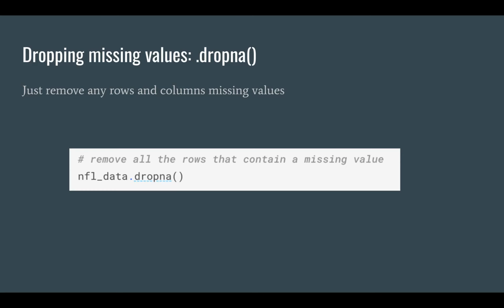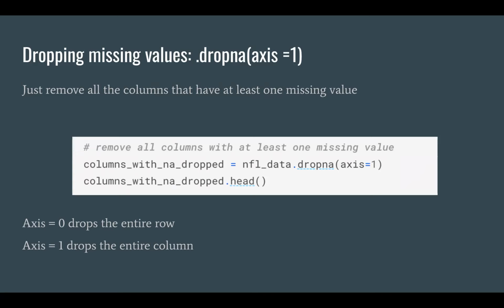So, dropping missing values, dropna axis=1, removes all the columns that have at least one missing value instead. Essentially, with the dropna method, you can choose to drop rows or columns that contain missing values like a NaN. So you will need to specify axis equals 0 to drop the rows or axis equals 1 to drop the columns that contain the missing values.